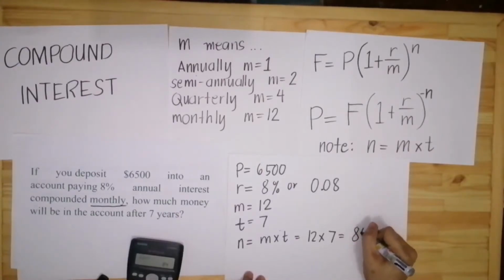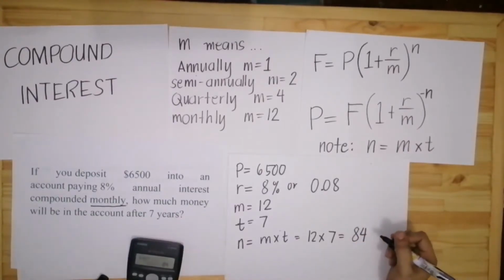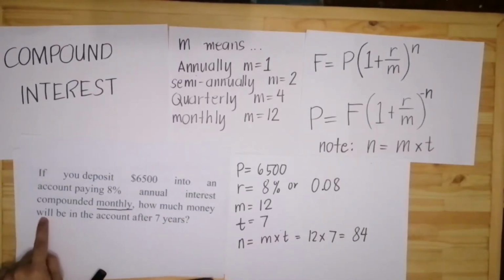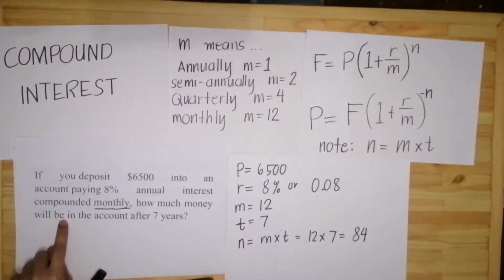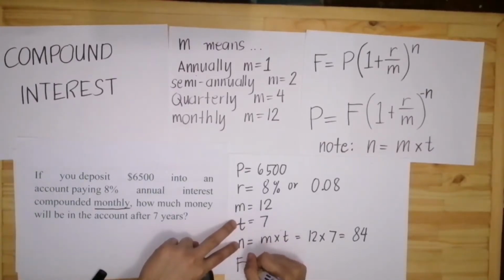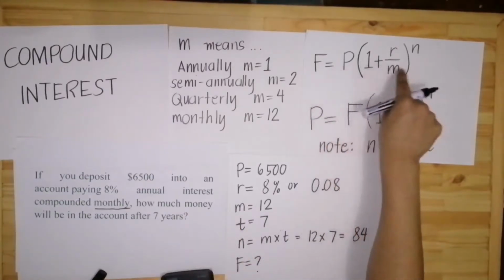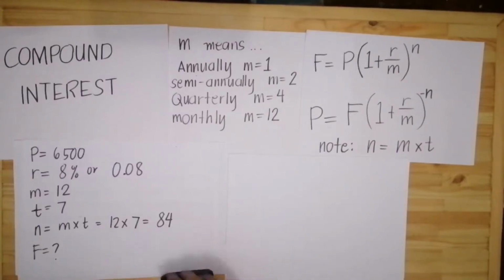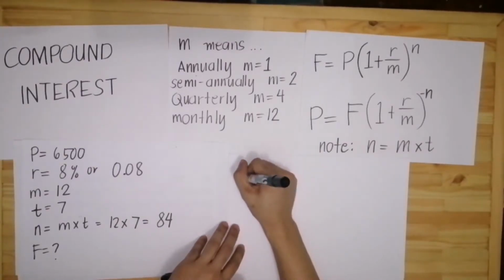That is 84. Okay? What are we looking for? We're looking for how much money will be. So, the future. Kasi will be in the account after 7 years. So, ang hinahanap ay yung future value. Again, you have to use this formula. So let's use the formula for the future value.